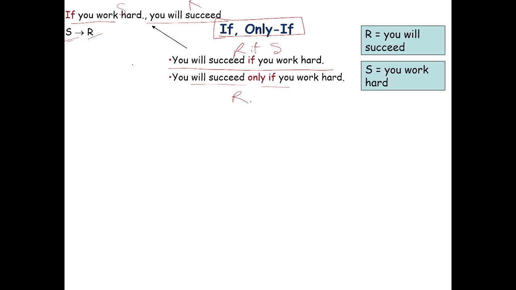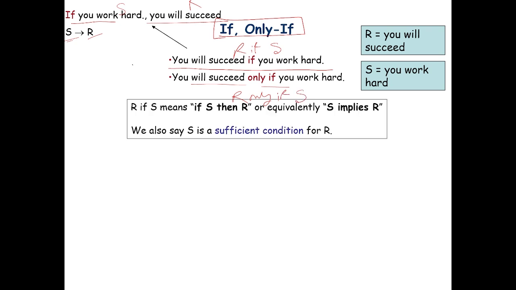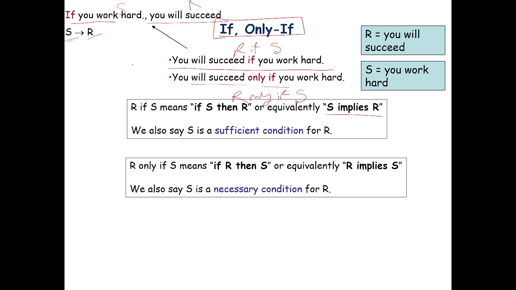R only if S. R if S means if S then R. Equivalently, S implies R. We also say that S is a sufficient condition for R. R only if S means that if R then S. Okay, so this reverses. Equivalently, R implies S. We can say that S is a necessary condition for R.